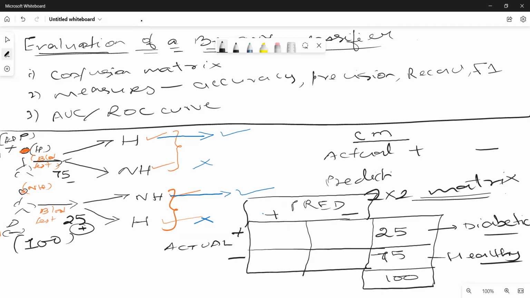Now the test comes and we get the report. Out of these 25 people who are diabetic patients, I can have the result as diabetic predicted as diabetic. Let us say this number comes to around 18.